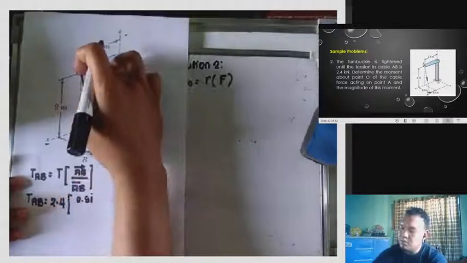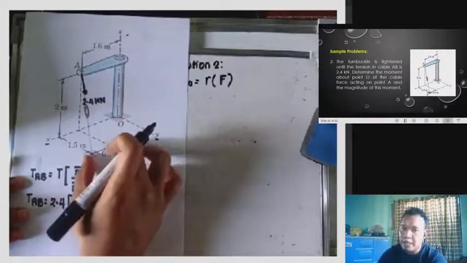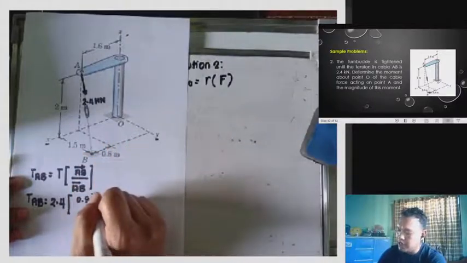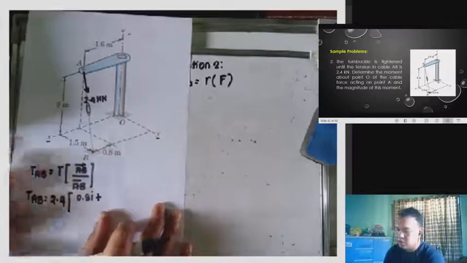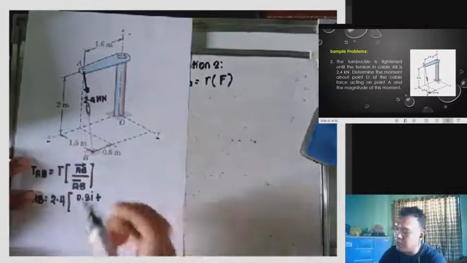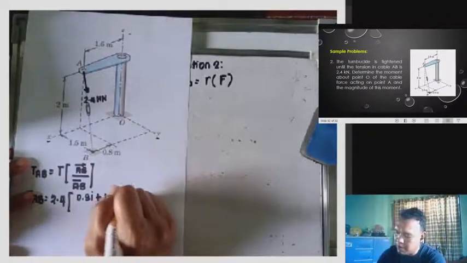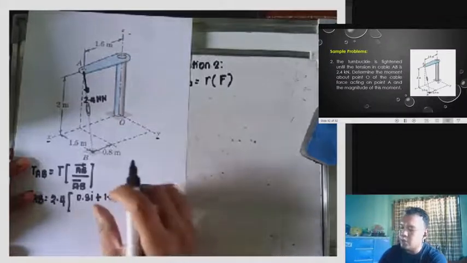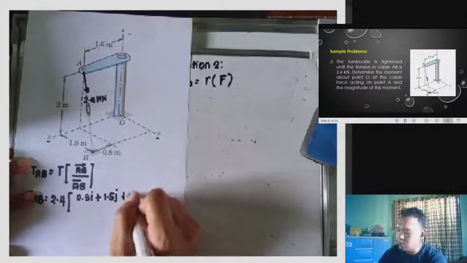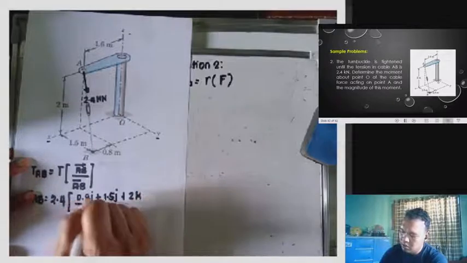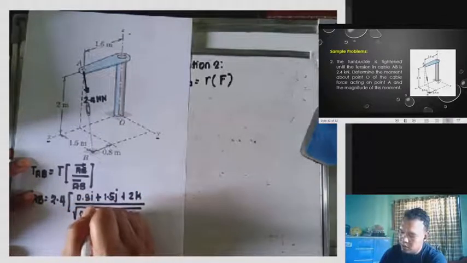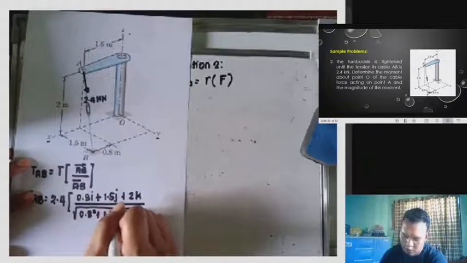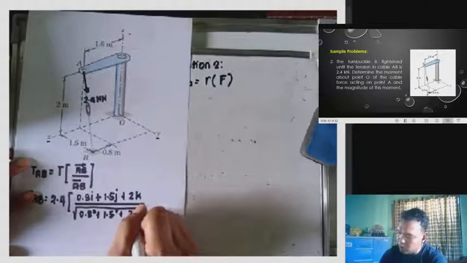Kasi nga, from this point, 0.8 lang, no? 0.8i plus yung j natin, which is ito, yung y natin, 1.5j plus yung z ko is 2k all over the square root ni 0.8 squared plus 1.5 squared plus 2 squared.